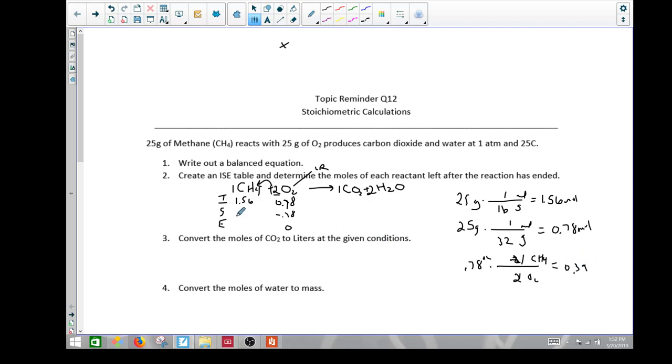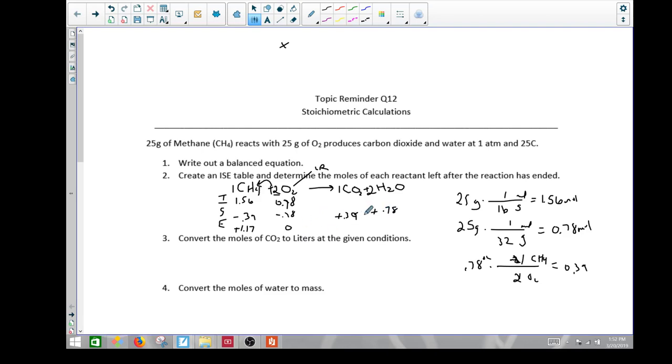So it's going to be minus 0.39, and subtract those things. And I have 1.17 in excess. So it's a positive 1.17 moles of excess. I will at that point be gaining 0.39 here, and I will be gaining 0.78 here.